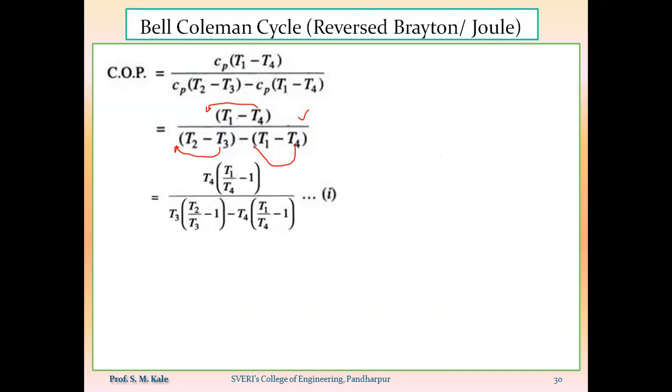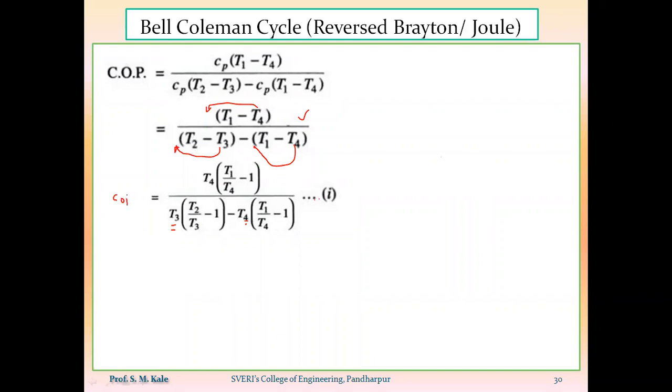So at the numerator, I will get T4 inside the bracket, T1 by T4 minus 1. And at the denominator, T3 inside the bracket, T2 by T3 minus 1, minus T4 inside the bracket, T1 by T4 minus 1. So I will get this equation. This is the formula of COP.